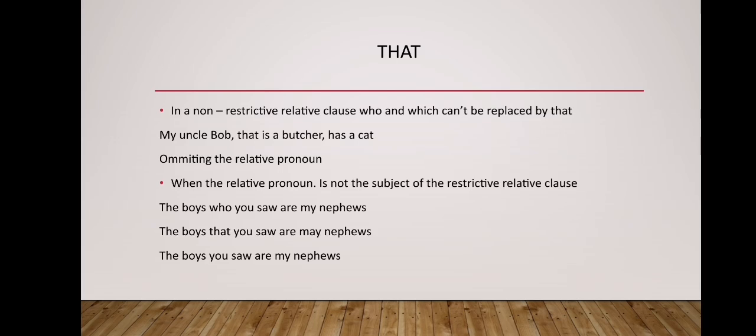Omitting the relative pronoun: when the relative pronoun is not the subject of the restrictive relative clause, this happens. The boys who you saw are my nephews. The boys that you saw are my nephews. The boys you saw are my nephews. Got it?